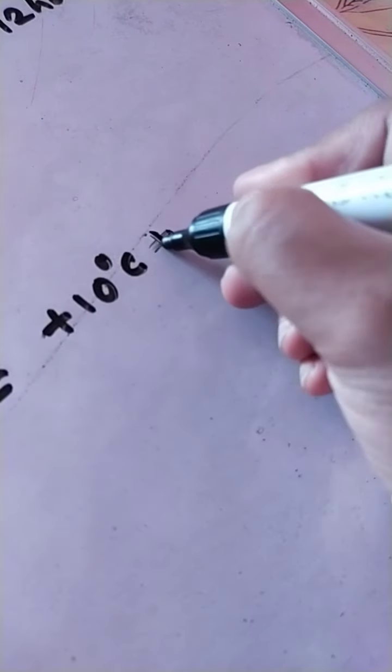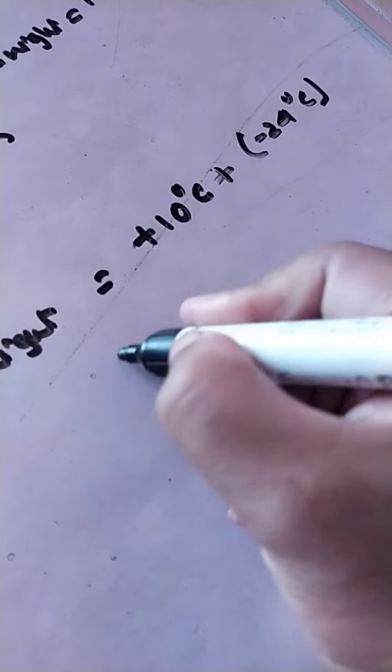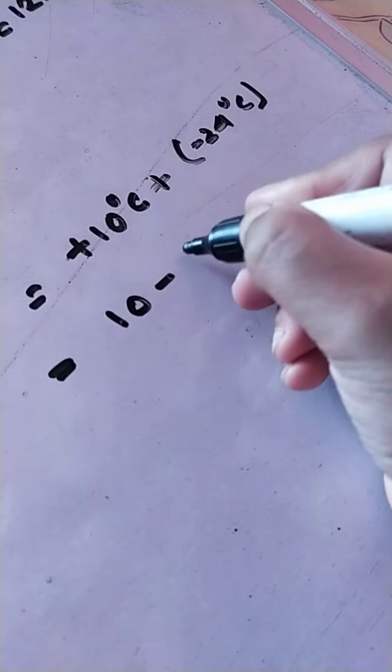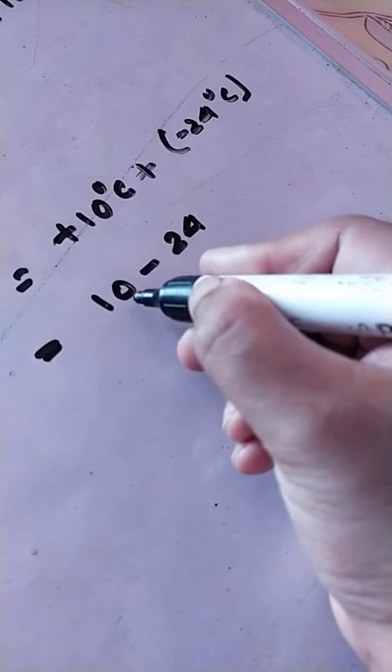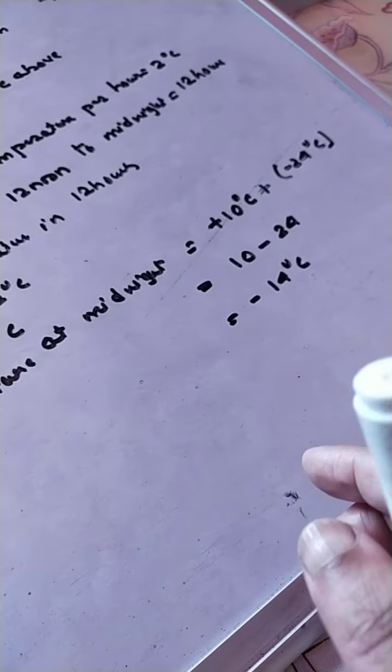And how much is the temperature decreasing? Minus 24 degrees Celsius. So if you solve it, 10 minus 24 would be minus 14 degrees Celsius. So the temperature at midnight would be minus 14 degrees Celsius.